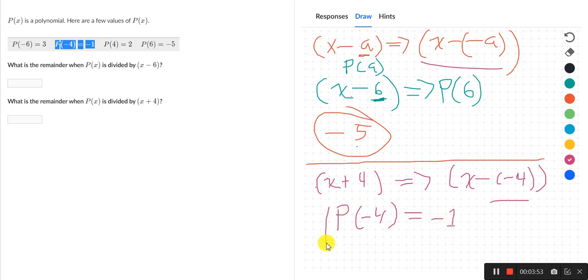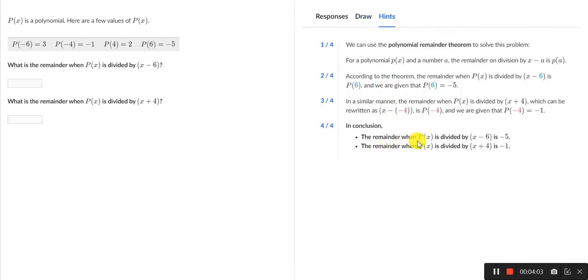So the answer is negative 1. The remainder when p of x is divided by x minus 6 is negative 5, and when divided by x plus 4 is negative 1.